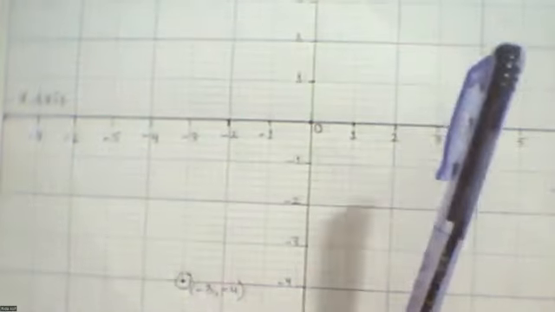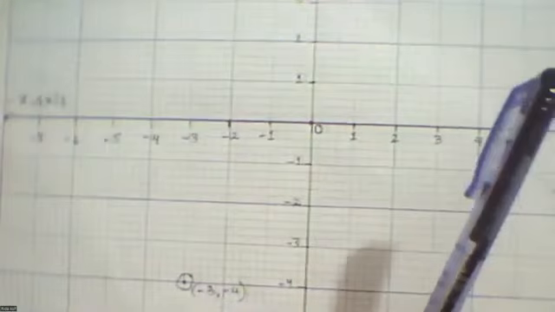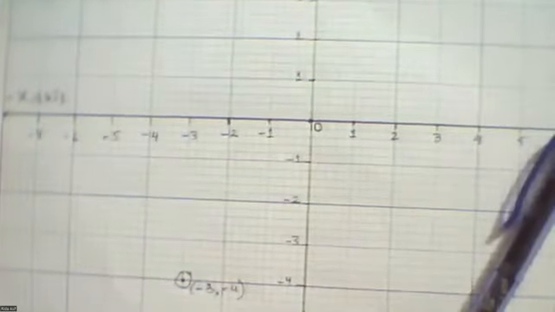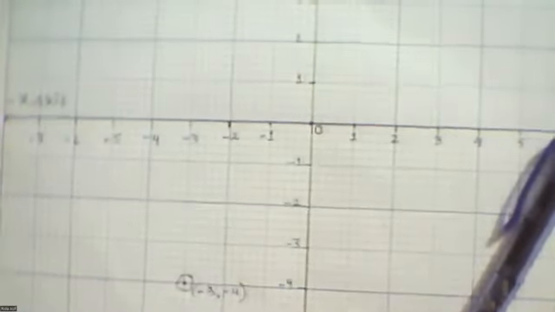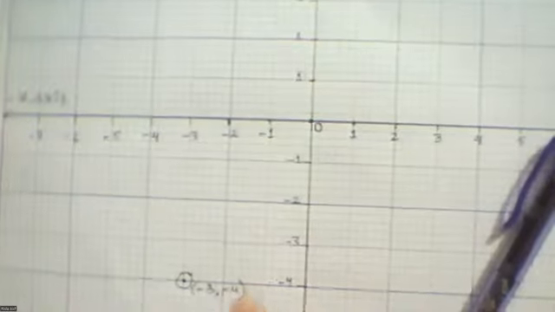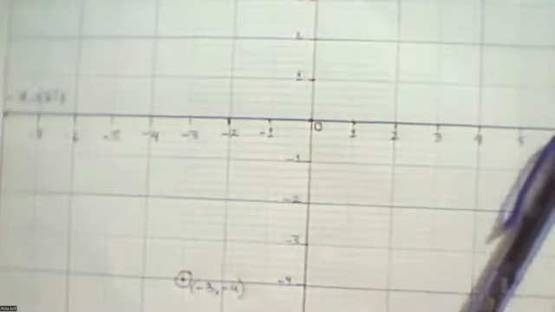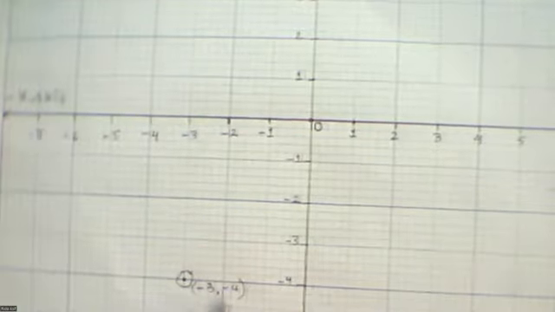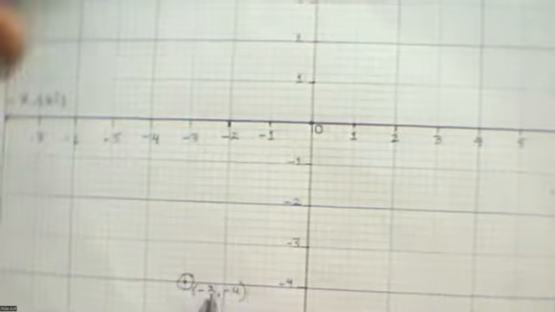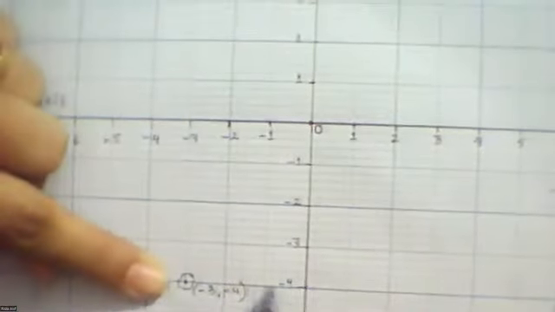But please, when you are making the graph, don't use a pen, don't use colors. You have to use only a pencil while you are making graphs, right? So our first point is -3 and -4. Is it clear? The x-axis gives you -3 and the y-axis is -4.